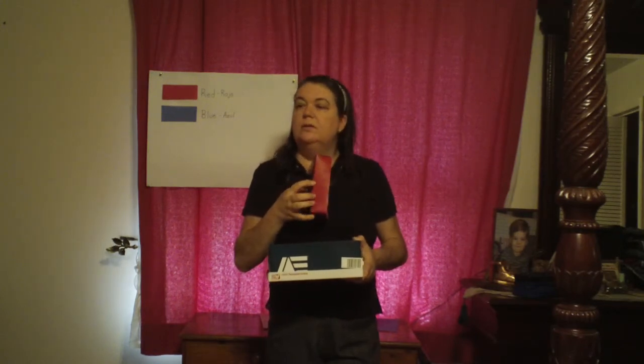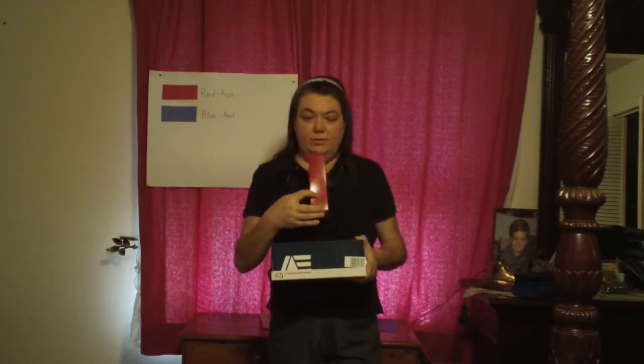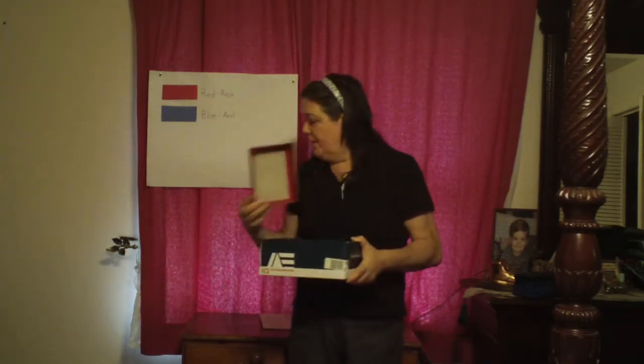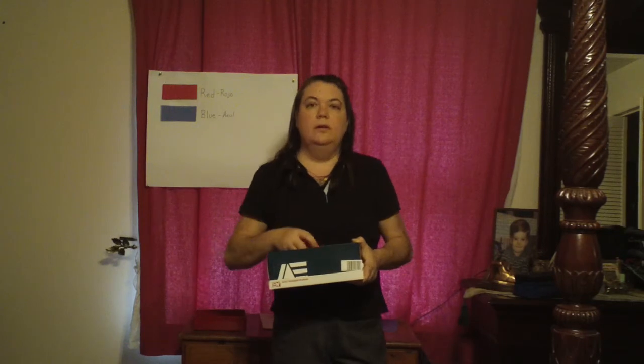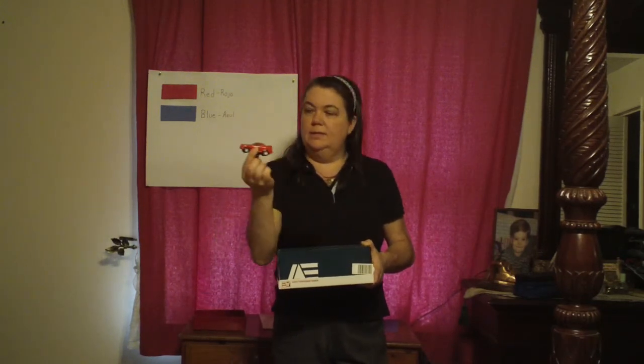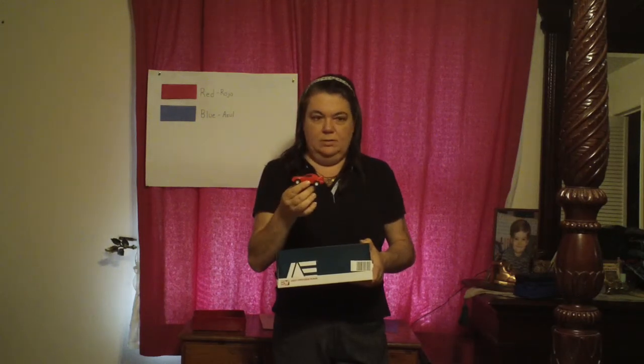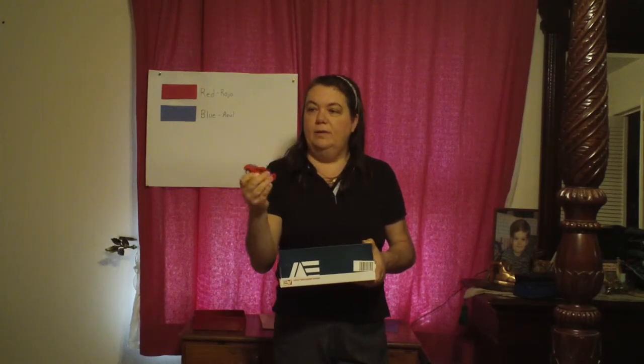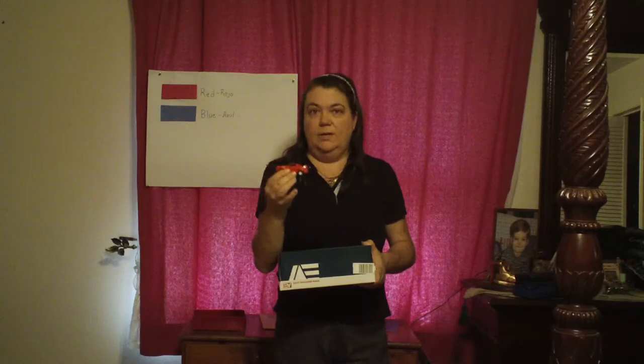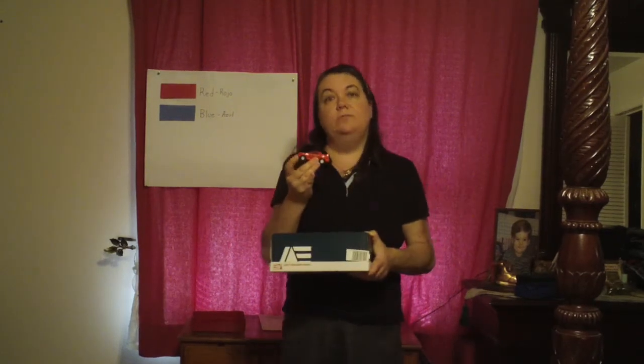It is red. That is correct. This is a red box. Okay, the next thing is this car. What color is this car? It is red. Correct. Thank you. The color of this car is red.